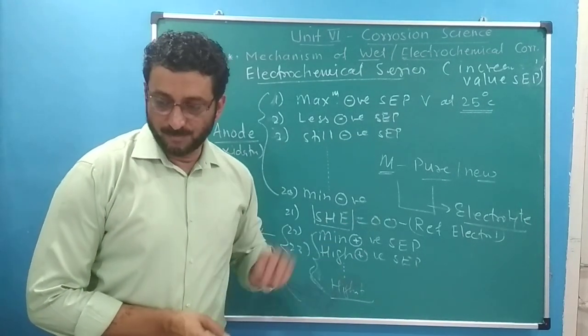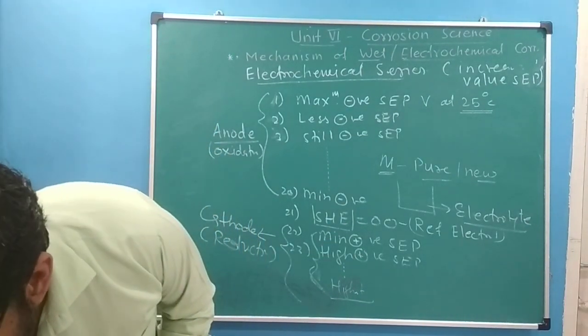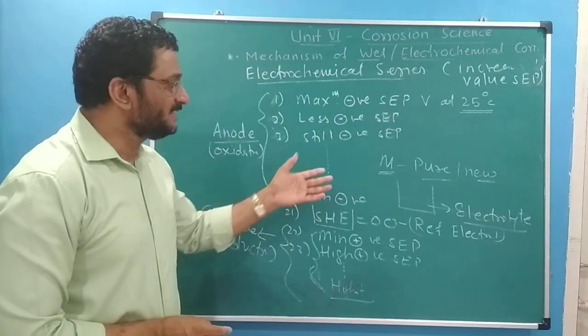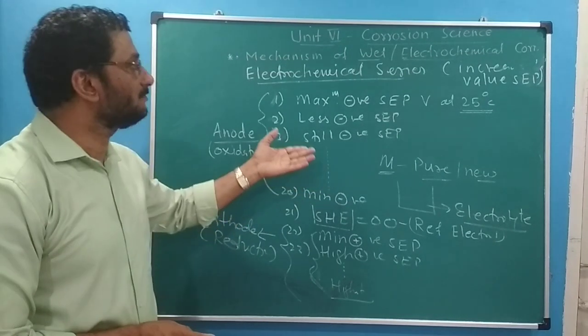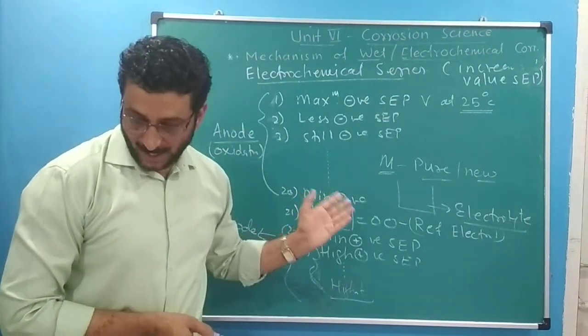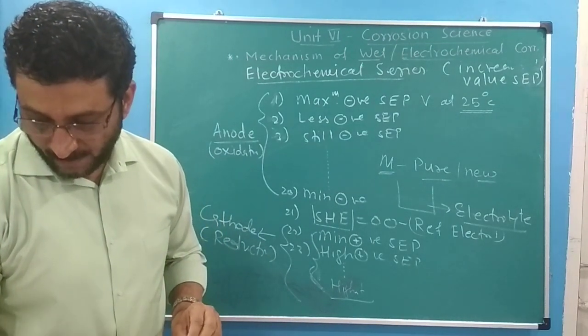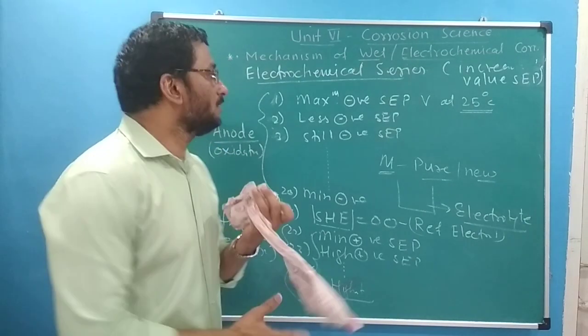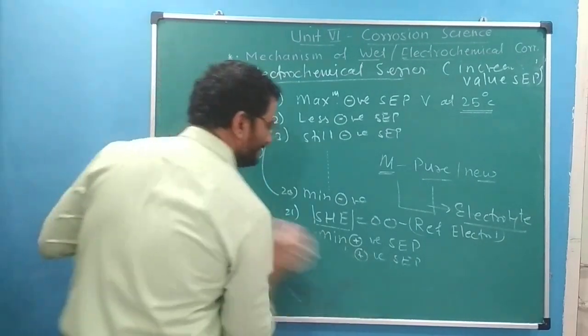So because of these three drawbacks, this series is replaced by a different series that is more practical, that is called the galvanic series, isn't it? So I hope you have understood the basic points.